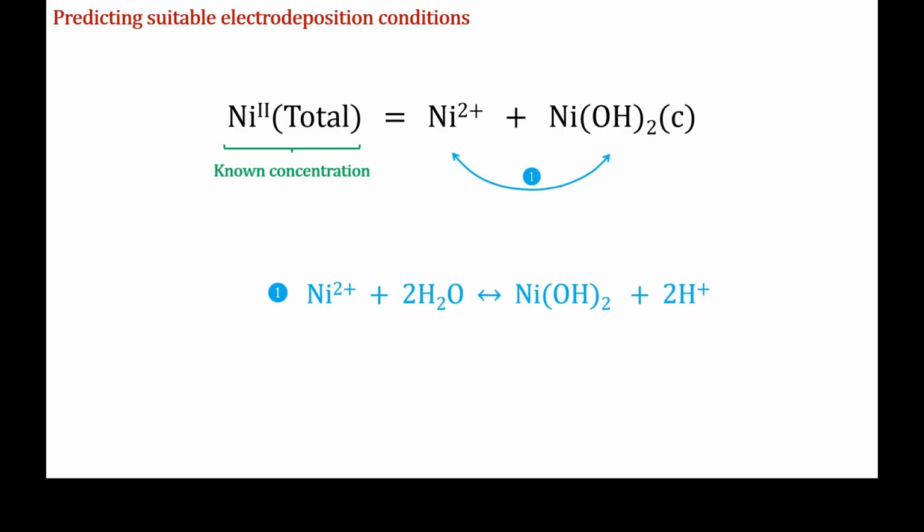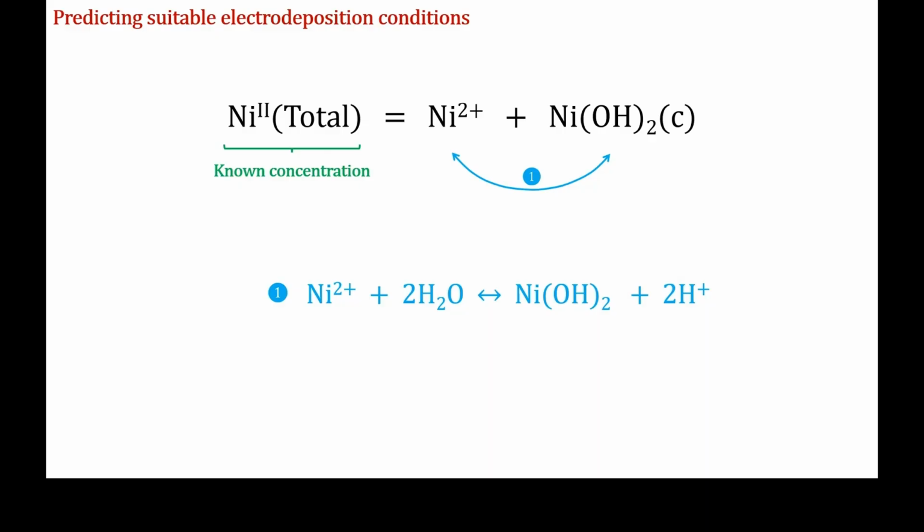The way to go about that is to write the chemical equilibrium between these two species. We can see that nickel hydroxide, looking at this equilibrium, will exist predominantly at a more alkaline pH, and it needs to be acidified to go back to nickel 2+. So this is what that shows.